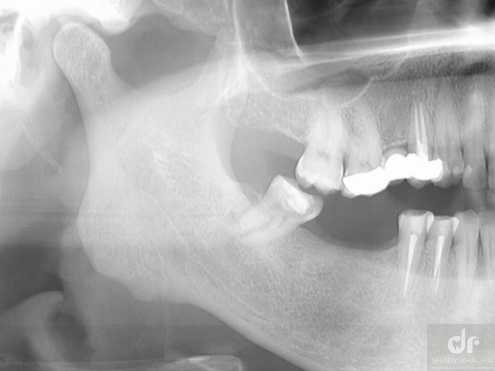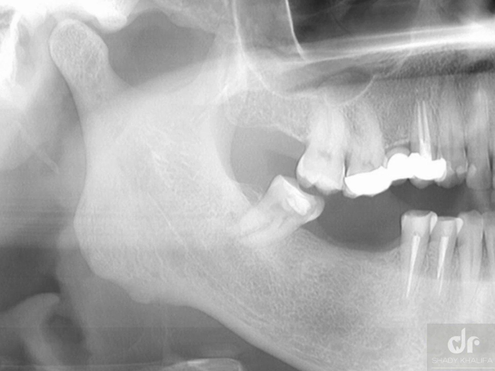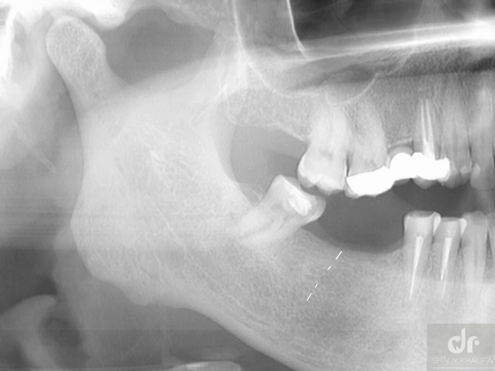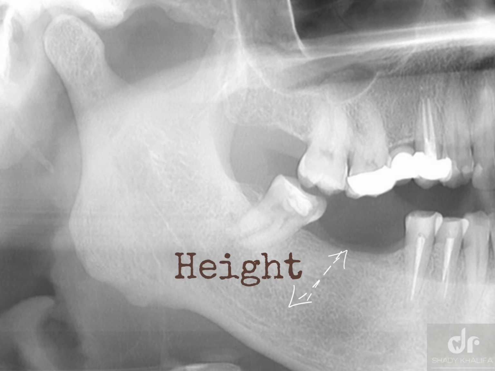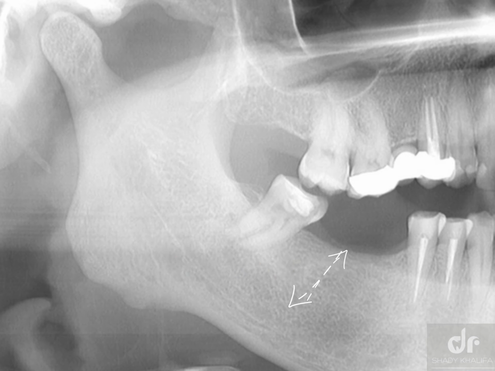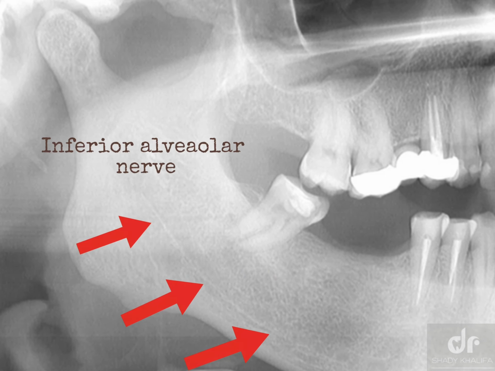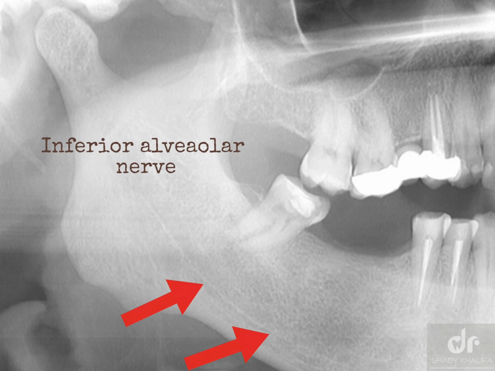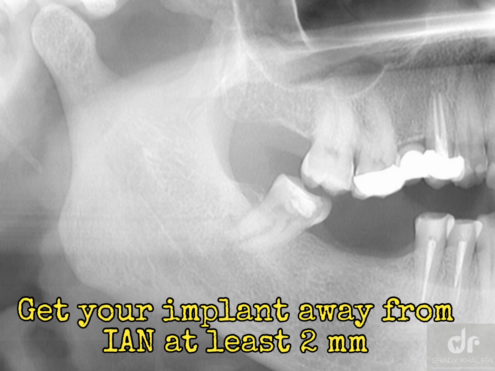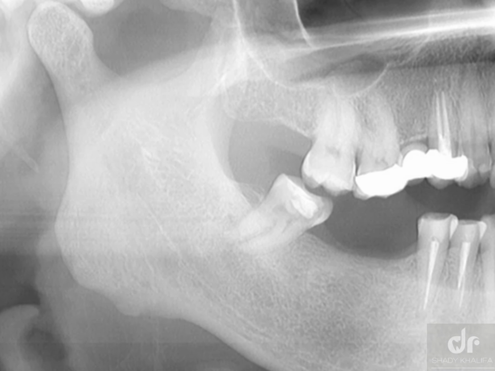This is a cut of the OPG X-ray. As we see here, the height of the implant site. We have to know that we should always stay away from the inferior alveolar nerve by at least 2 millimeters.